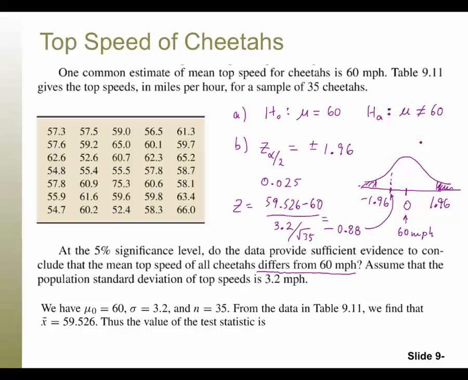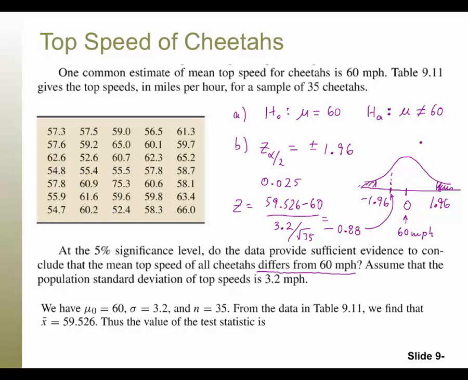What is it that we're concluding? It's close to 60. Okay, that's possible. So what we're concluding is we don't have enough evidence from this sample to suggest that it's not 60.